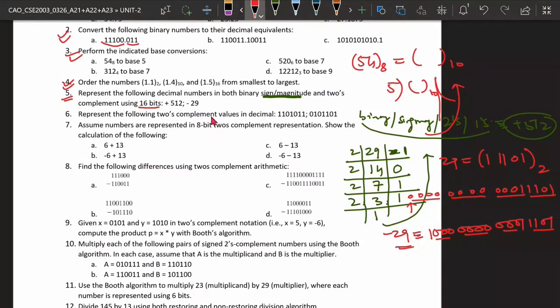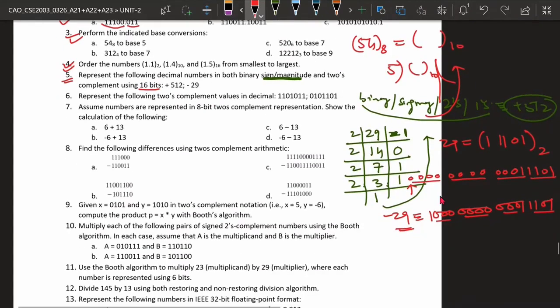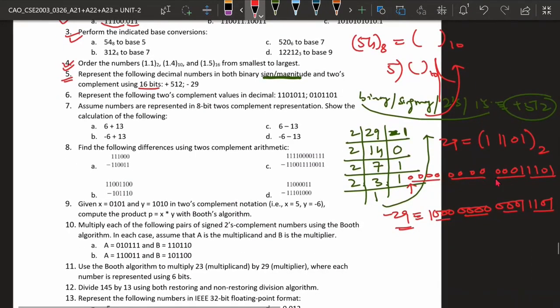Similarly, in case of 2's complement representation, this is the binary. If you want to convert it into -29 in 2's complement, we need to take the 2's complement of this number. For the 2's complement, the bits up to and including the first 1 stay the same, and then whatever the remaining bits are, we complement them.